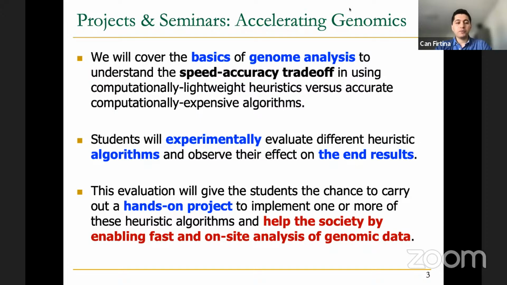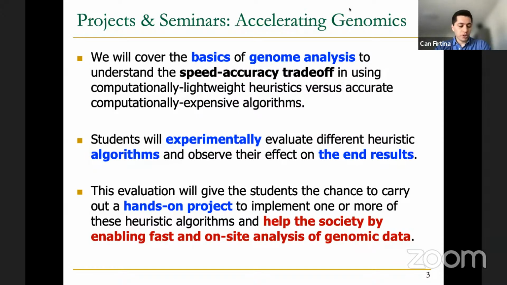And what we are going to do throughout this course is, as you get familiar with those algorithms, you're going to experimentally evaluate these different heuristics and algorithms, and observe the effects of applying these heuristics or the optimal algorithms on the end result of the genomic analysis.